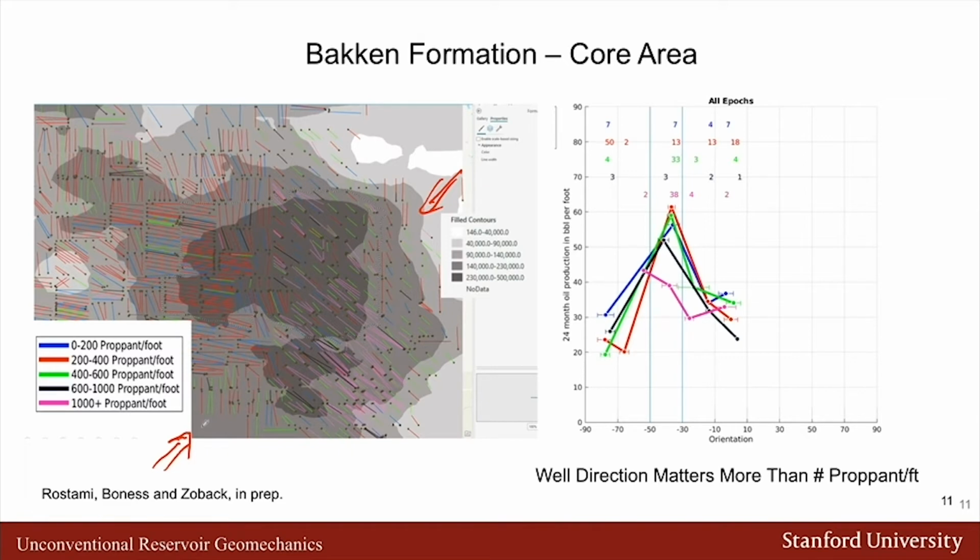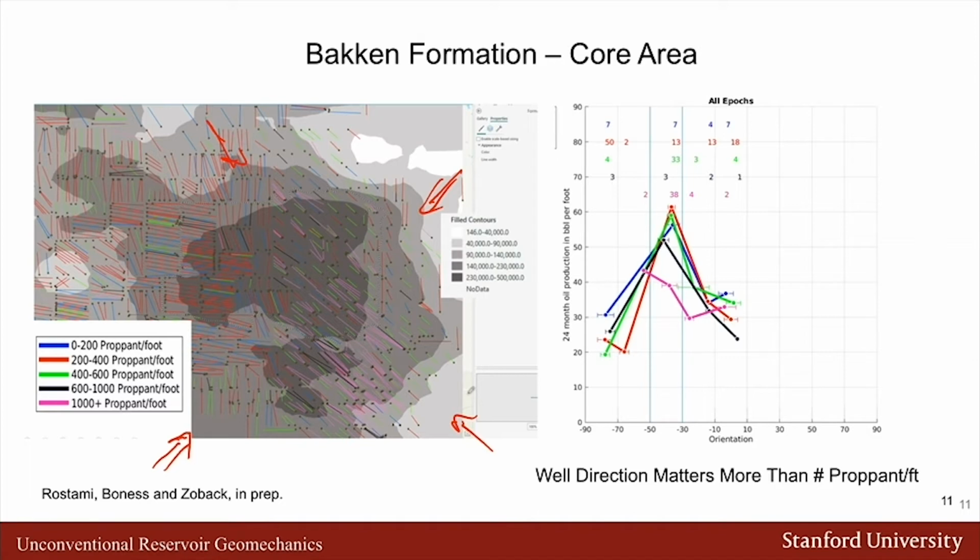Because the maximum horizontal stress is about north 45 east, the minimum horizontal stress is north 45 west in this direction. So the wells drilled about north 45 west are drilled in the optimal direction, and the wells drilled either east-west or north-south are presumably drilled in a non-optimal direction.